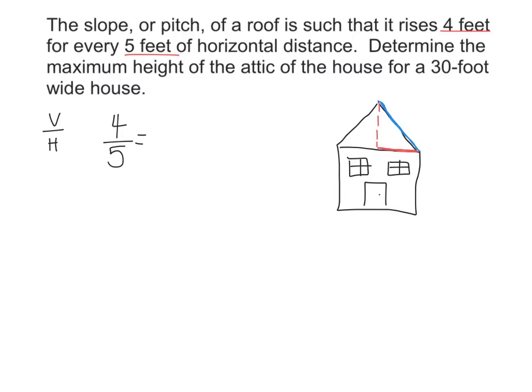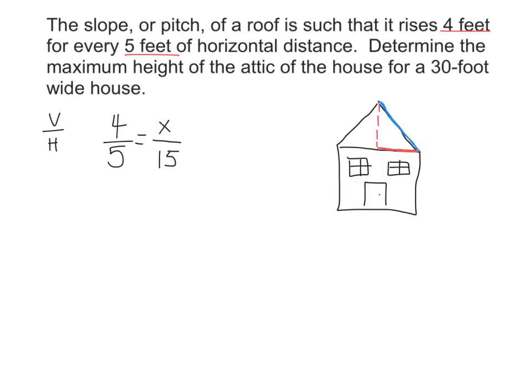So in the problem that they gave us, we're looking for the height, so we're looking for the vertical component, so that's where our variable is going to go. And then they tell us that the house is 30 feet wide, so since we only need half of that, we will put in 15 for our horizontal component.